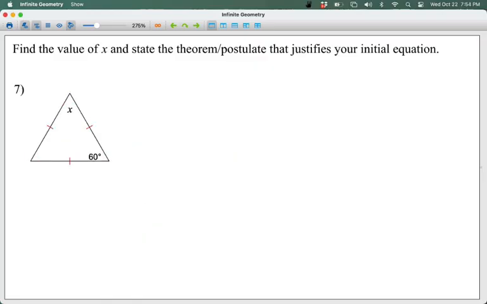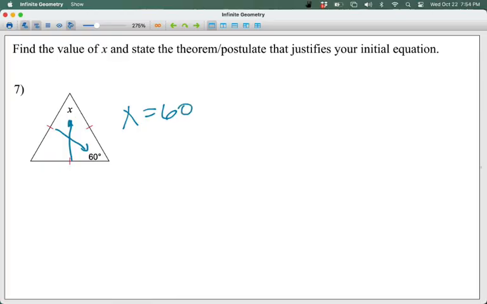All right. Now, we have an equilateral triangle. Remember, equiangular is equilateral. So we could use that theorem, but we also have kind of like isosceles here, and we have these base angles. So x is 60. You can use two theorems.